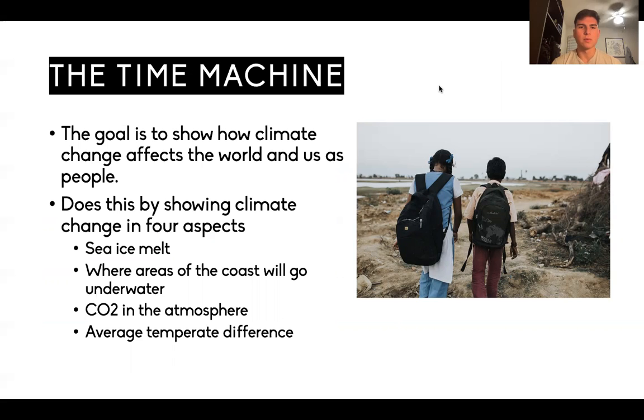It really put into perspective how the world will be changed over time and how that might affect us. Where I found that the most was where areas of the coast would be underwater, like most of Florida and New Orleans, and parts of Europe, if the ice caps were to melt and the sea would rise about 6 meters because of that.